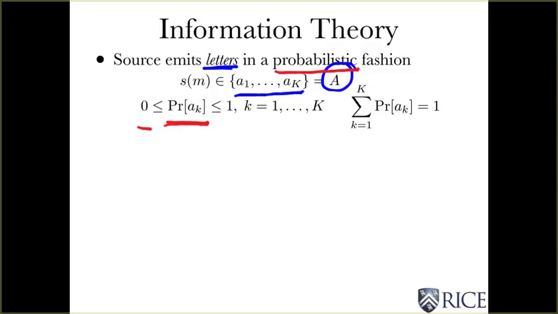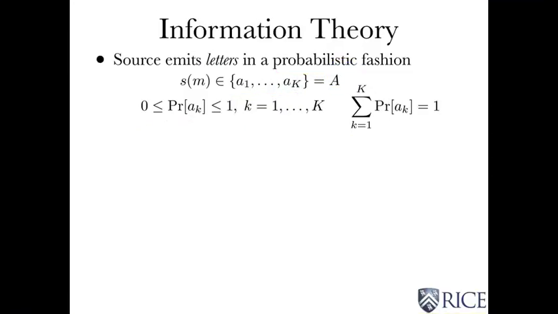And as you know, probabilities have to be positive and less than 1, and their sum has to be equal to 1. So a probabilistic model for sources. I may say the things I type in my email to people are not random. Well, it turns out more complicated models related to this that are probabilistic do a pretty good job in describing actual text that's produced in many languages.